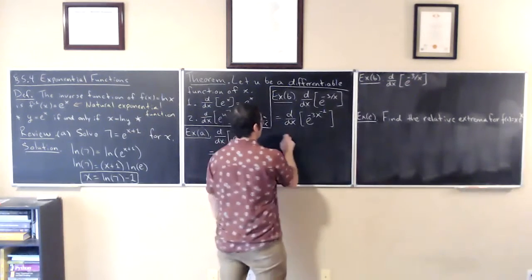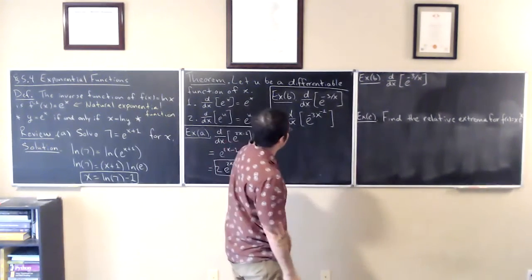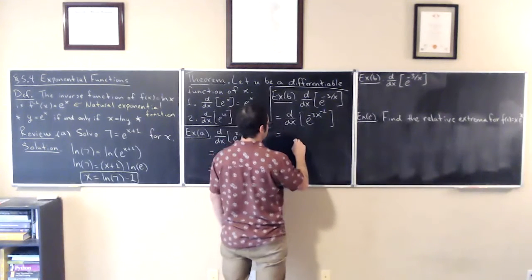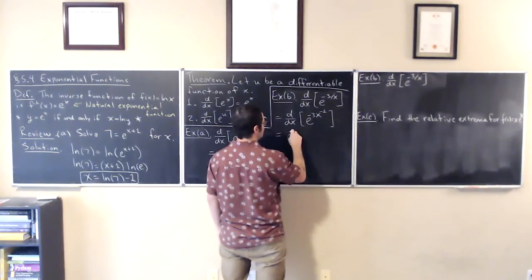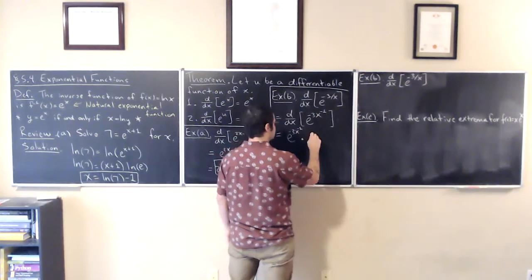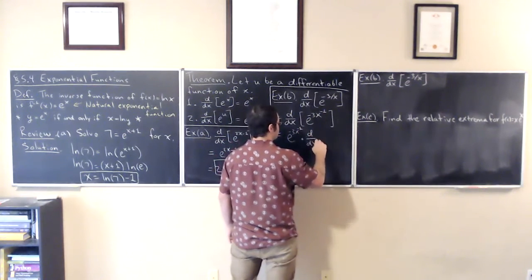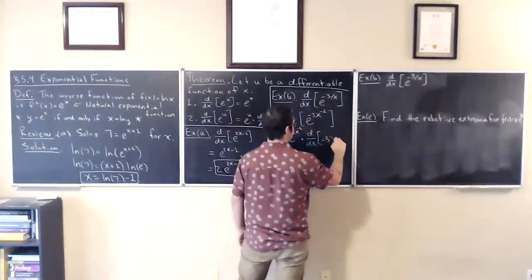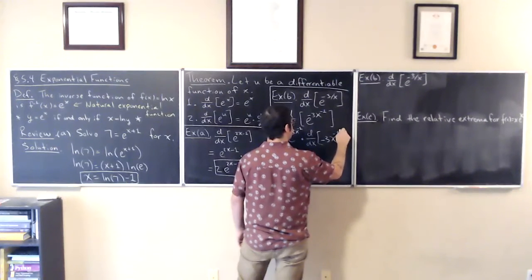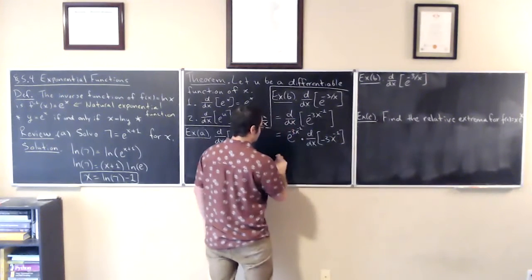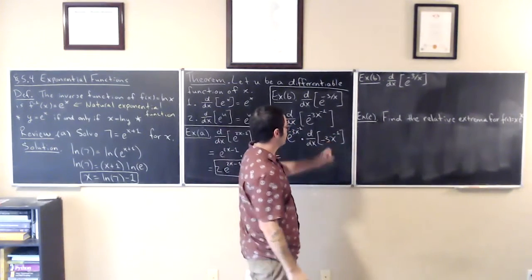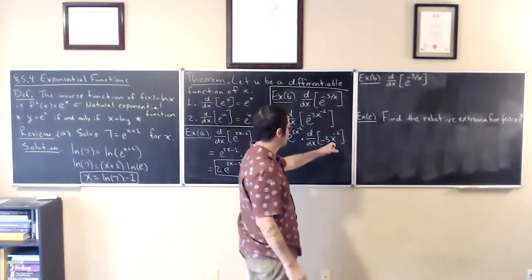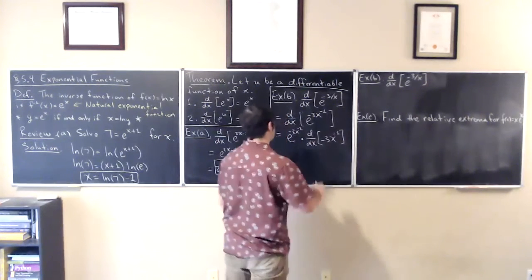So this is just going to be e to the negative 3x to the minus 1 times the derivative with respect to x of the exponent. So it's going to be negative 1 times negative 3, positive 3, and then x to the power minus 2.